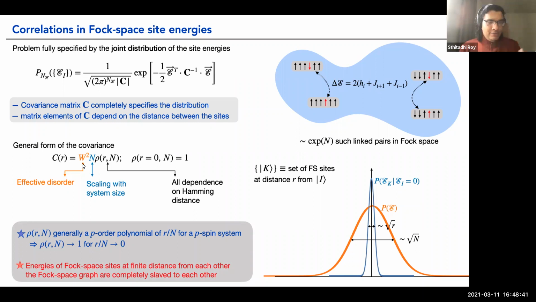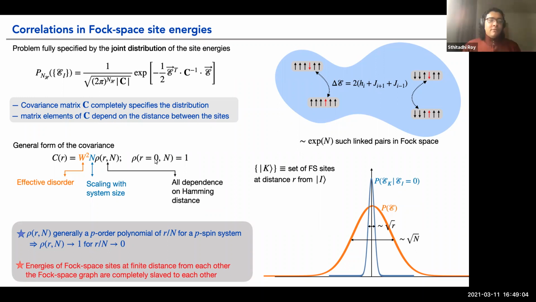One is an effective disorder, which comes from the inherent disorder scales that you put in your problem, such as the disorder distribution of the couplings and the fields. Then you have a scaling with system size, which is n. And then you have this function, which we call rho, the reduced covariance, which encodes the dependence on the Hamming distance, which is the number of spin flips that you need to make.